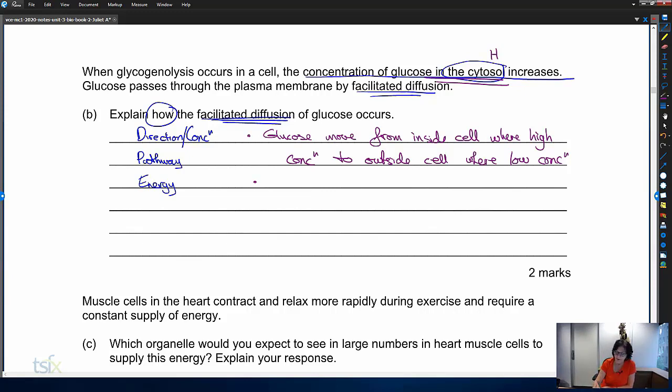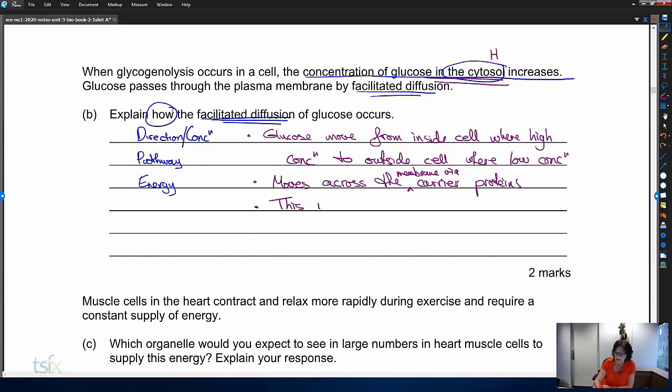The second point, it will move across the membrane via carrier proteins. That's the pathway.